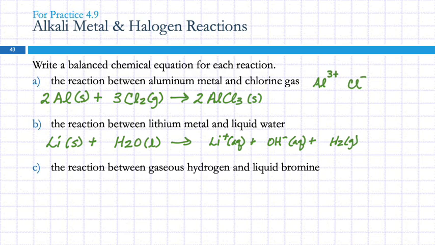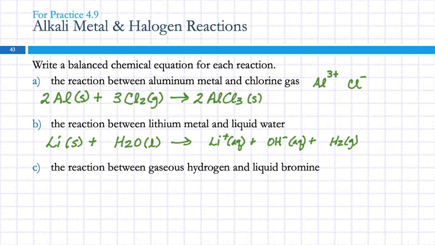Let's balance it. So 1 lithium and 1 lithium. So that's fine. Here I have 2 hydrogens and 3 hydrogens. 1 oxygen and 1 oxygen. This one can get a little tangled up because we have hydrogen and oxygen together in both these places, right?